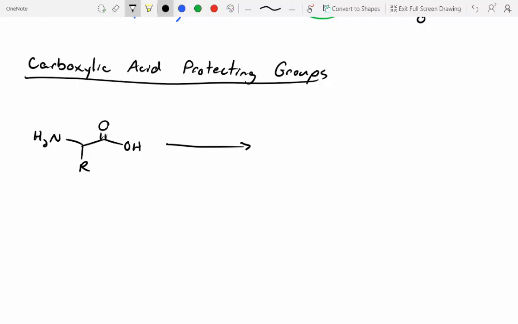One super simple way is to react it with benzyl alcohol and catalytic acid. What will this do? You guys know this chemistry. Carboxylic acid, alcohol, catalytic acid, Fischer esterification. We're going to make a new ester bond.